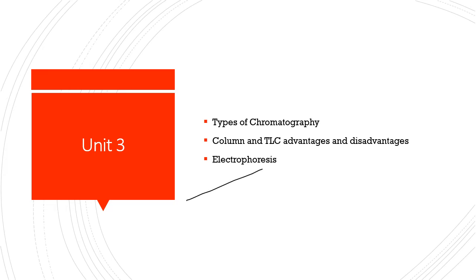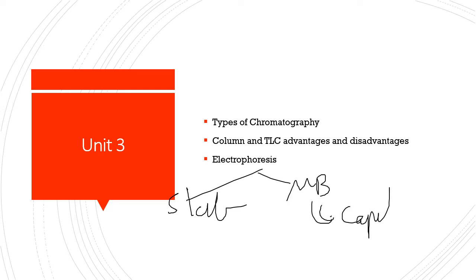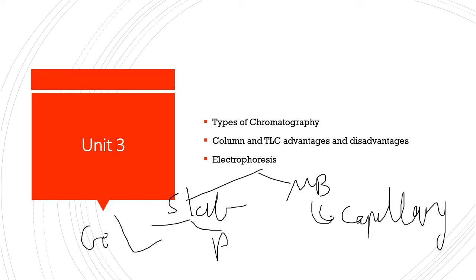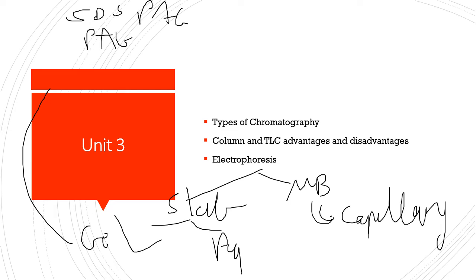In electrophoresis you have to study about the slab and the moving boundary. In moving boundary, basically you have to study about capillary electrophoresis. The factors affecting electrophoresis, and in slab you have to study about the gel and paper. In gel, mostly you have to study about SDS-PAGE, which is sodium dodecyl sulfate polyacrylamide gel electrophoresis, and agarose gel electrophoresis.